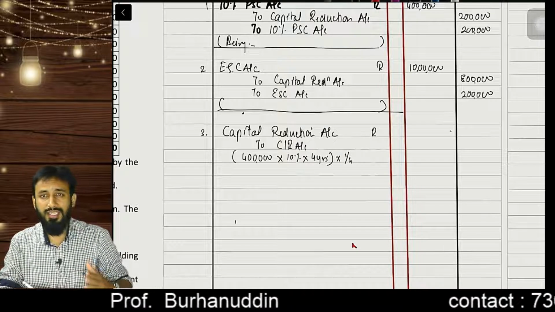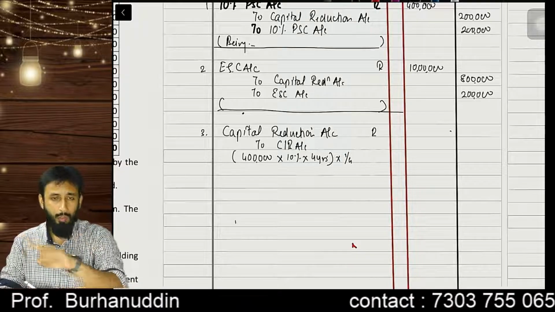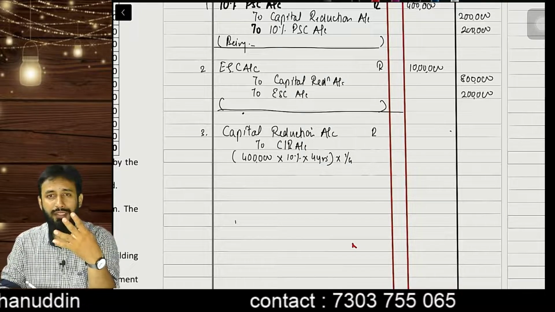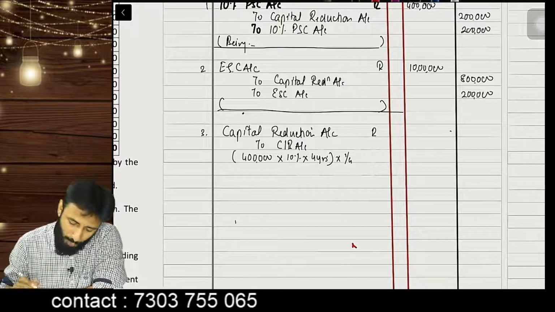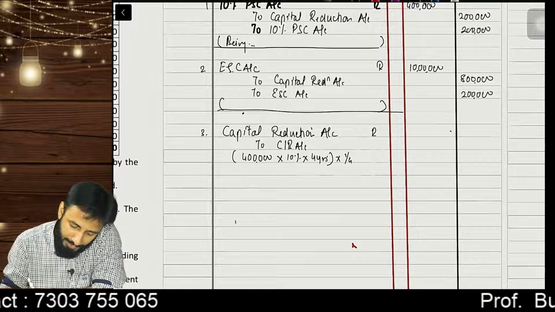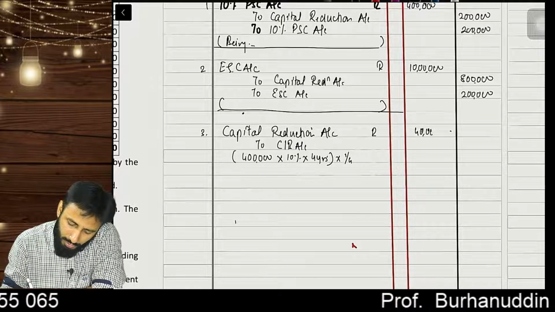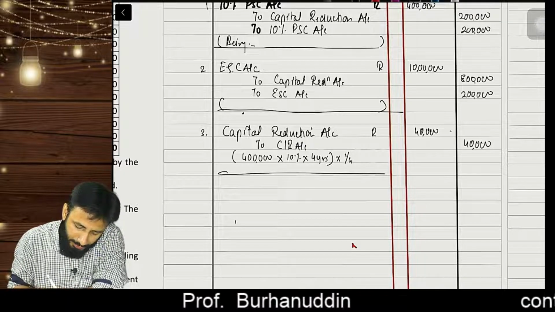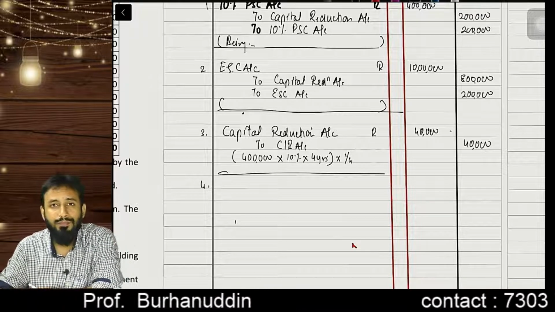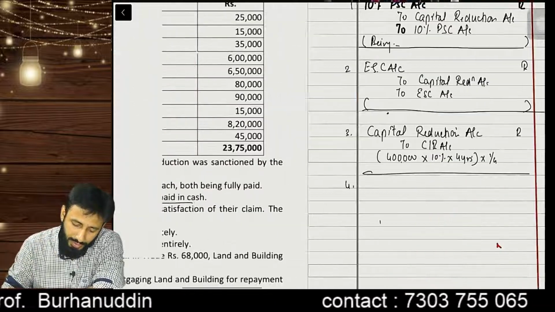Do you understand that? 3/4 is waived. 4 में से 3 पार्ट्स तो वेव कर दिया, तो कितना पार्ट पे किया? 1 पार्ट, तो 1/4 is paid. इज इट 40,000? मतलब 40,000 अपन ने उसको पे कर दिया. आप कैलकुलेट करिए, आपको वही आंसर आएगा. कम ऑन नेक्स्ट.